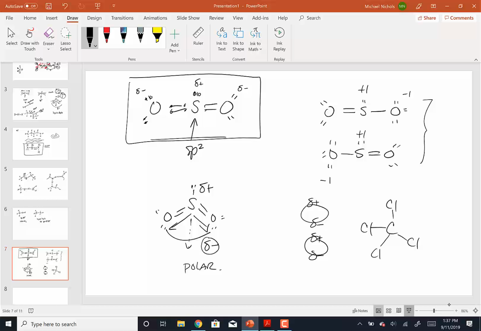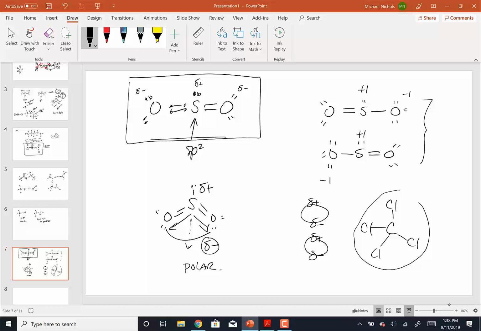Do the bond dipoles cancel, which would be nonpolar, or do they not cancel? Again, in a tetrahedron, they will cancel if all four positions are exactly the same. So in this case, all those chlorines will cancel themselves out. So that molecule will be all delta minus on its surface.